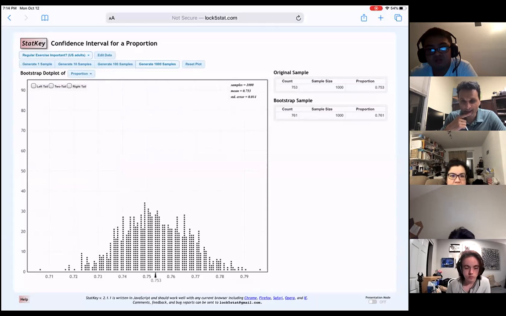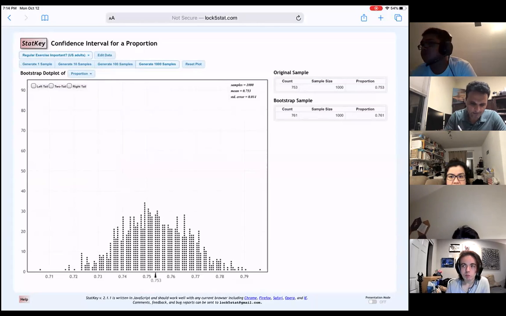They ask us for 90%. So we have a standard error, everything on the top right, if you want to use a formula. But if you want to use this website, you're going to say two-tail, correct?